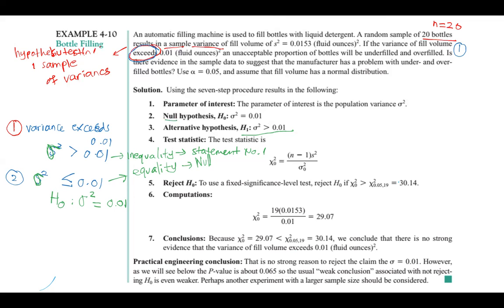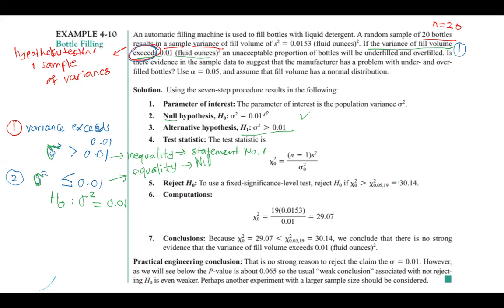Okay, so now after the alternative hypothesis, this is going to be the H0, which always contains equality, and the alternative hypothesis actually came from the first claim or first statement. It came from the statement that the variance of fill volume exceeds that one, because it's more than, melebihi, yeah.